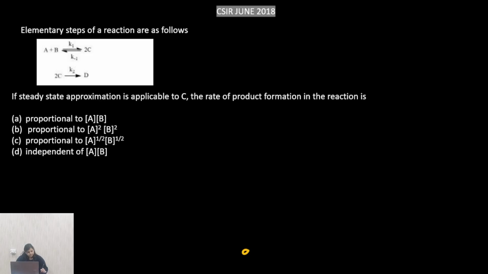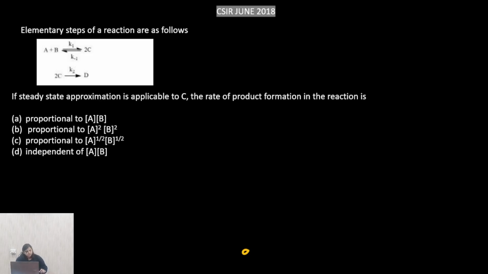Next is this question. So this begins your June 2018 paper. The question says the elementary step of a reaction A plus B gives 2C with the rate constants, and 2C gives D. If steady state approximation is applicable to C, the rate of production in the reaction is.